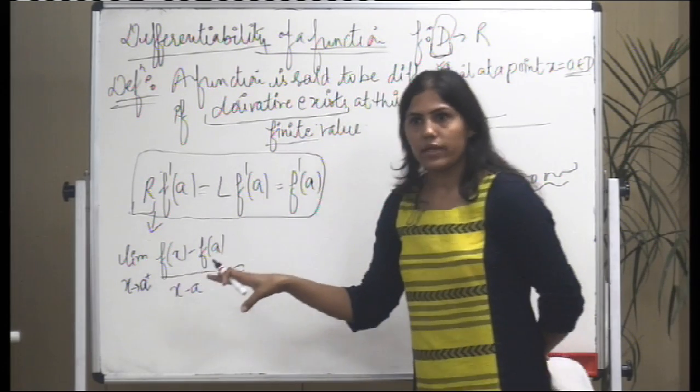So for the right derivative, this is the proper definition. You calculate the limit as x tends to a plus of f(x) minus f(a) upon x minus a. This is basically the right limit. If this is finite, you say the right derivative exists.